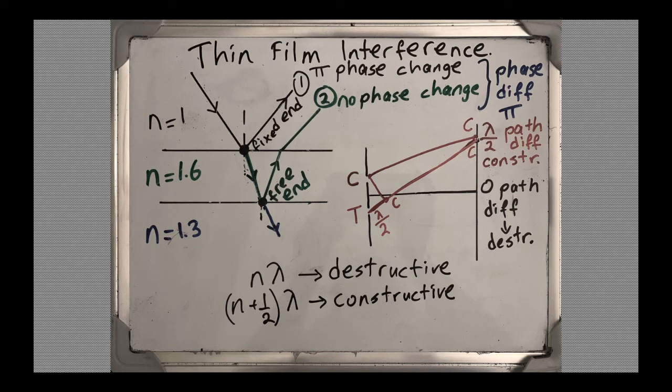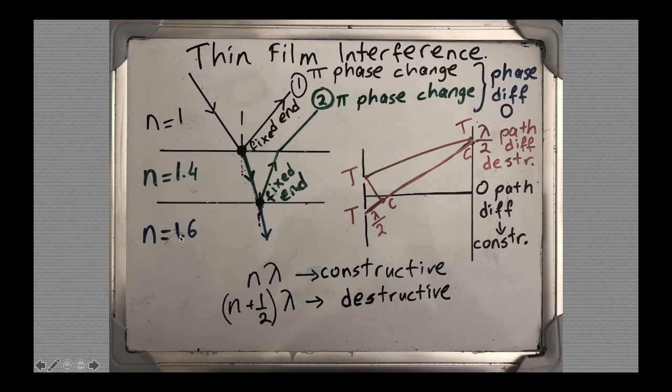If that path difference was 1 lambda, the trough 1 lambda later would still be a trough and would interfere with a crest on the pattern, which means that would be a destructive interference point. To summarize, n lambda path difference means destructive interference, n plus a half lambda means constructive interference.